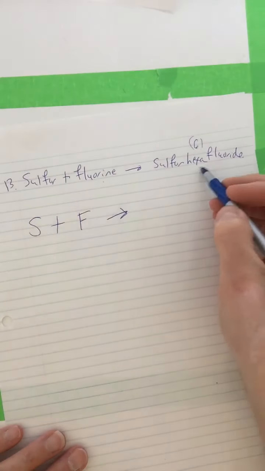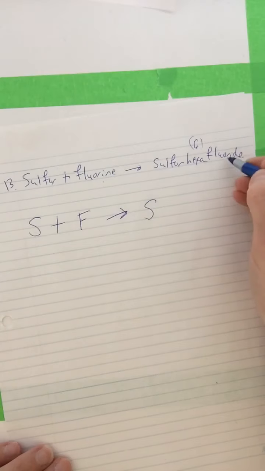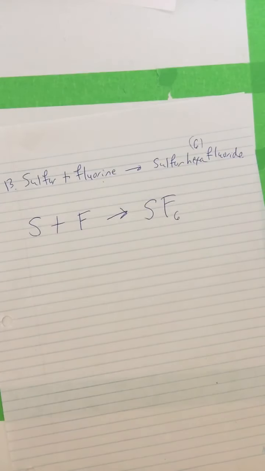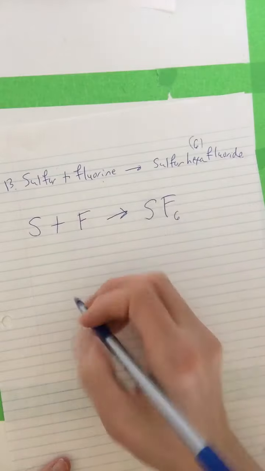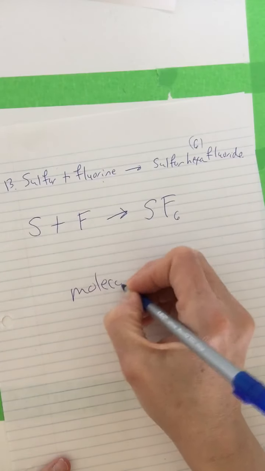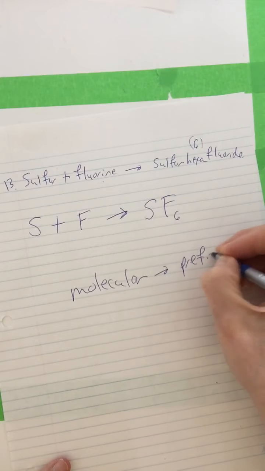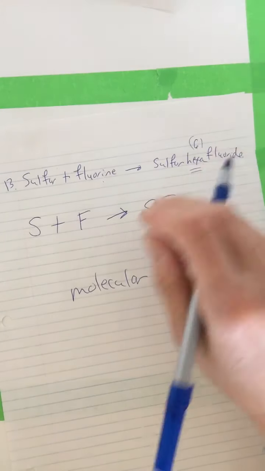So that's on page 269 if you need to reference it. Oh, red pen, sorry. Hexa is 6. So sulfur hexafluoride. I say sulfur, that's easy. Hexafluoride, well, I write fluoride, and there's 6 of them. So that's sulfur hexafluoride. So we didn't have to do the crisscrosses. Why? Because this is molecular, which we use prefixes. These prefixes with hexa, hepta, mono, octo, all those.